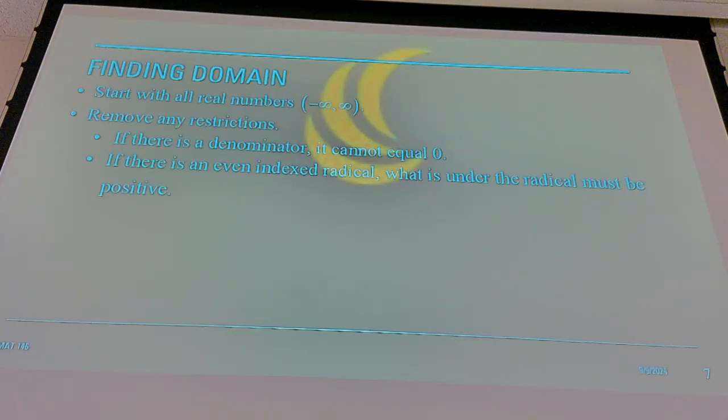So if you have an even indexed radical, what's under the radical must be non-negative.